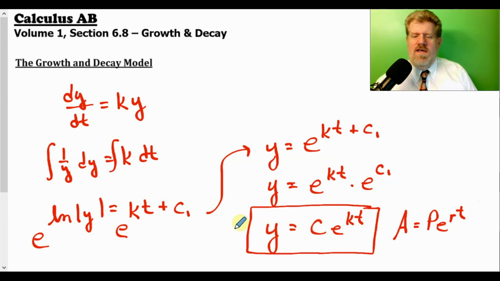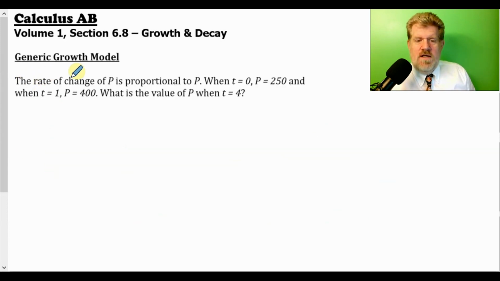So y equals C e to the kt is the general form of an exponential growth and decay model that fits all models when something is proportional to itself. For example, we're assuming that p is proportional to p, which means that how p changes over time is proportional to how much p there is.